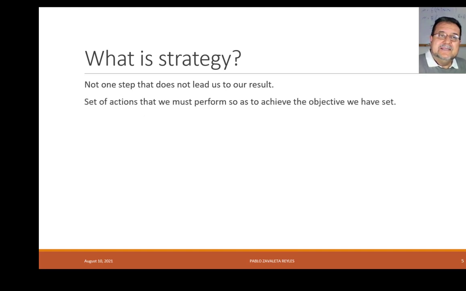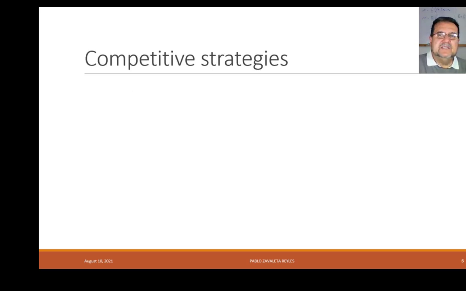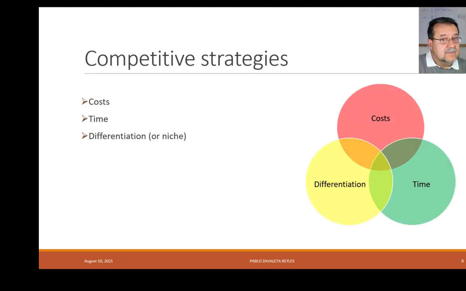This is a set of actions that we must perform so as to achieve the objectives that we have set. And there are three competitive strategies generally recognized: costs, time, and differentiation.